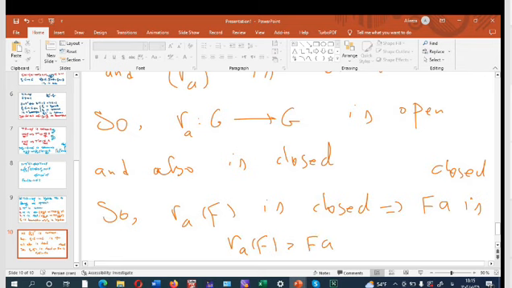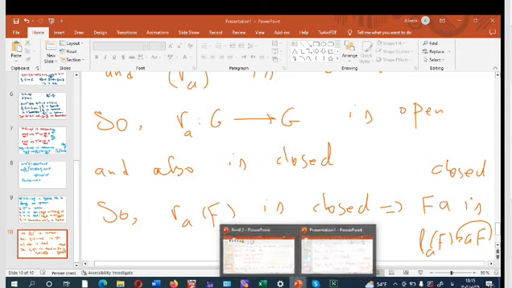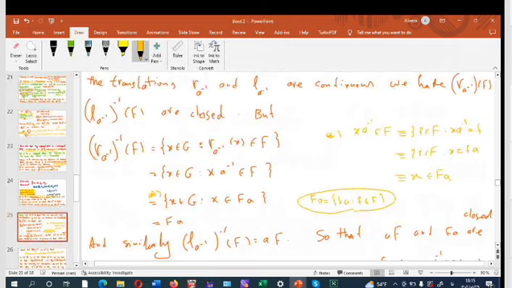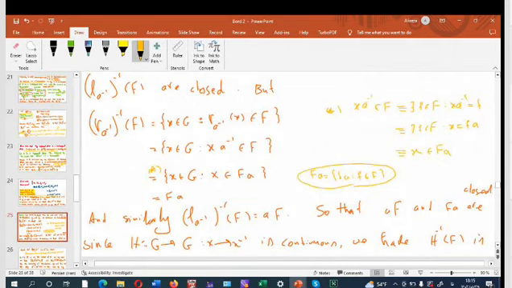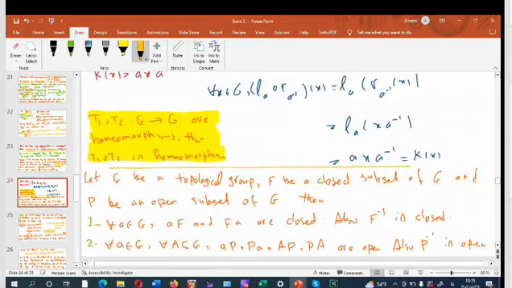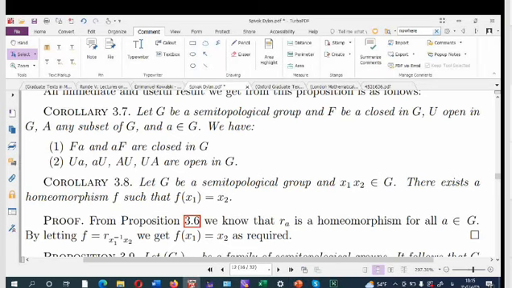And similarly, L_a is closed, so L_a of F is closed, but L_a of F equals aF, so these two must be closed. And this is another proof for this part. Okay. So we prove this proposition: Fa and aF are closed.